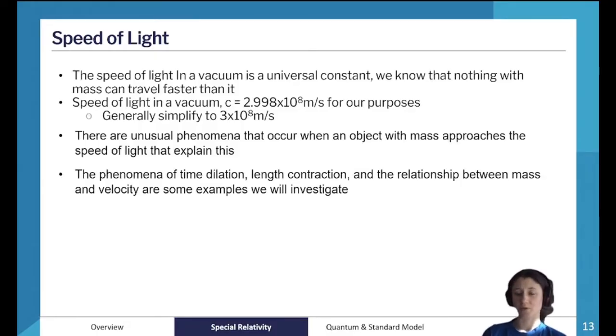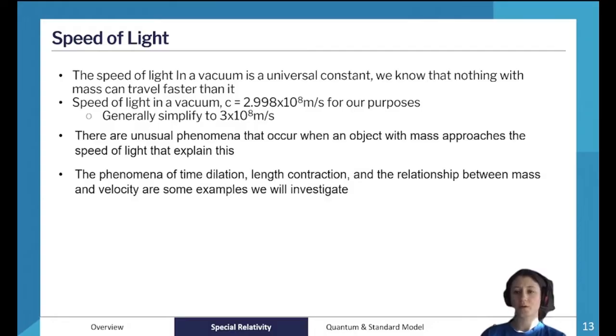The speed limit. So nothing with mass can actually travel at the speed of light or faster than the speed of light. All right, so we generally simplify the speed of light to 3 times 10 to the 8 meters per second. I believe that's in your formula sheet too. Don't bother with the 2.998 yada yada yada. You don't need to worry about that.